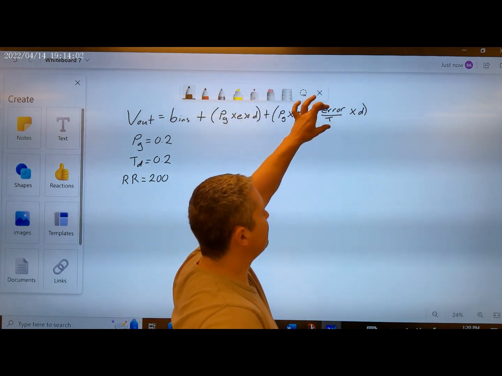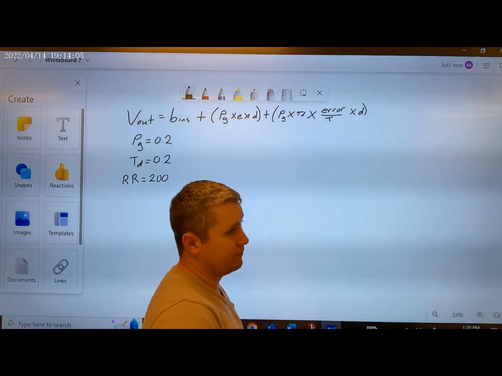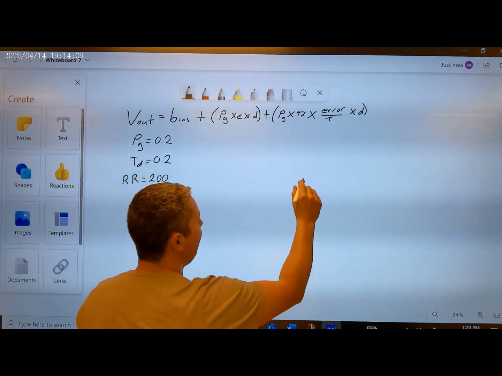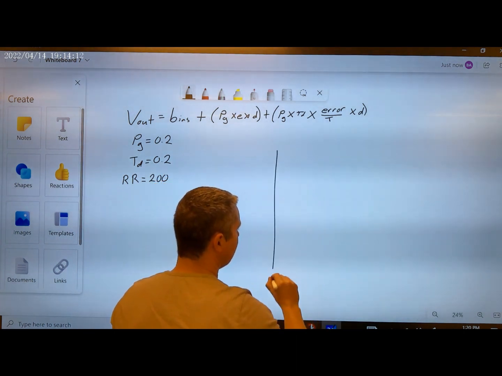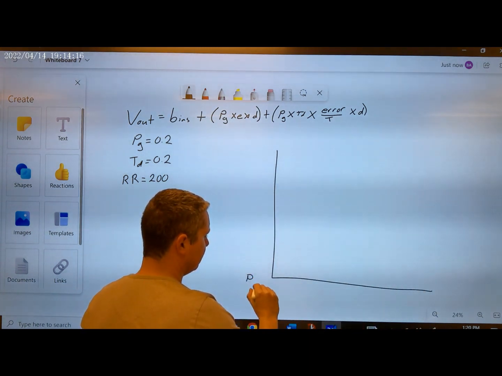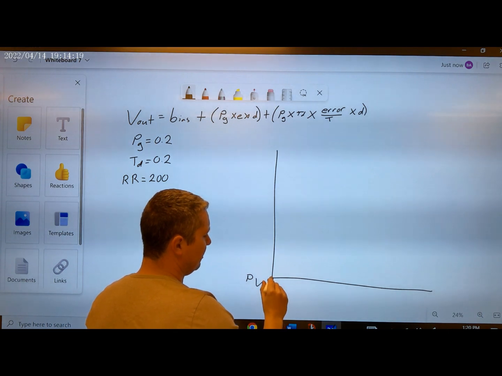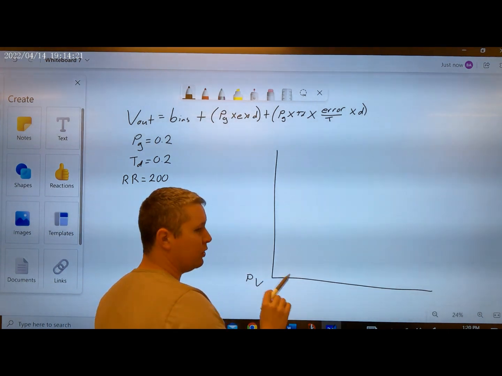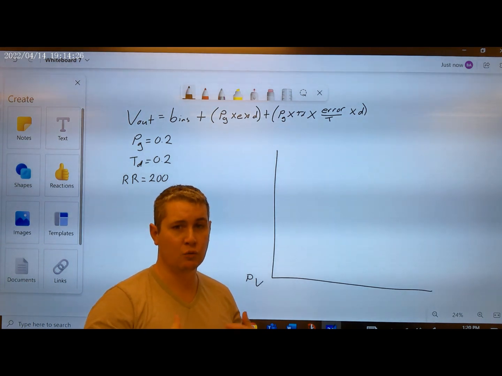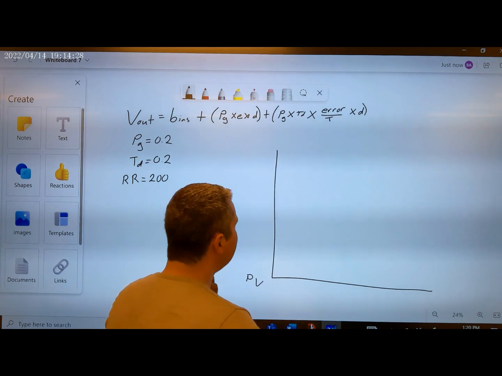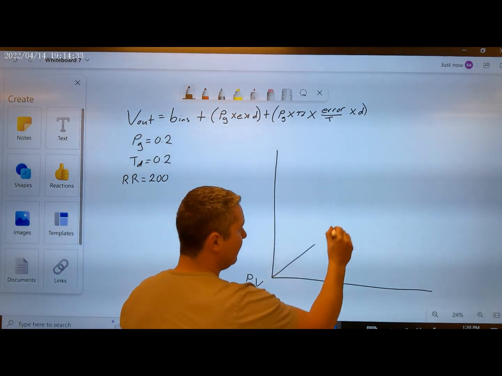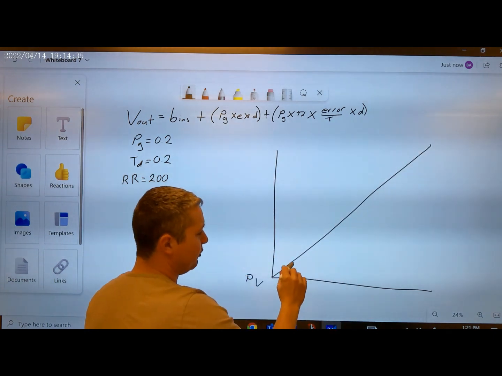Now, where do we get this ramp rate from? The ramp rate comes from when we have the process variable, and let's say the process variable started at 0. To make this simple, so that we can grasp it very quickly, when the process variable increases, we have a ramp rate.